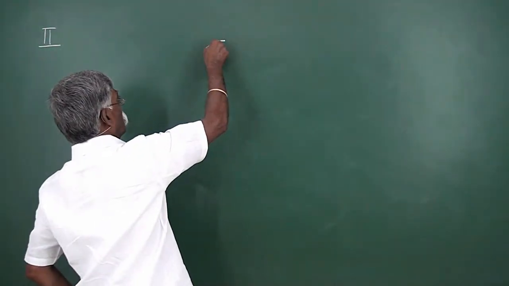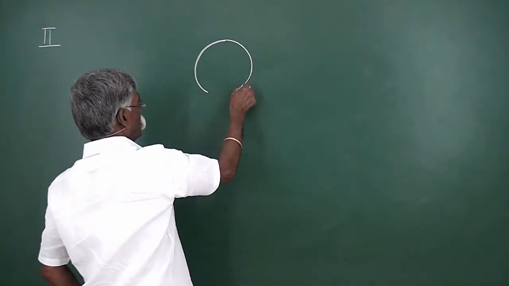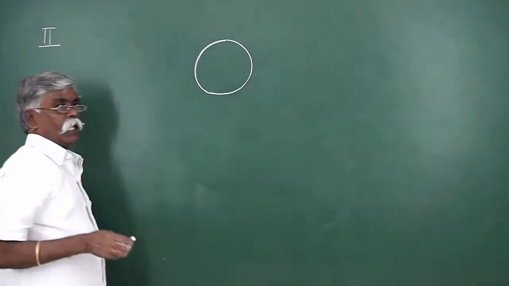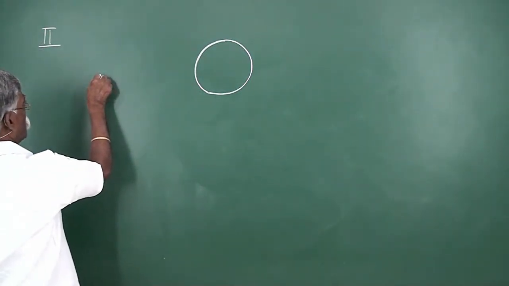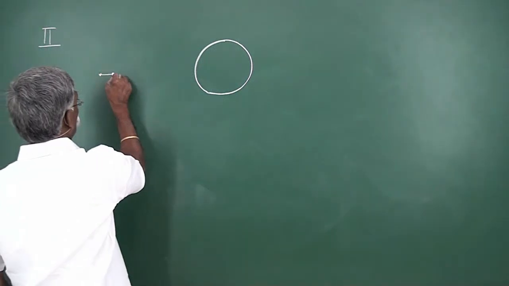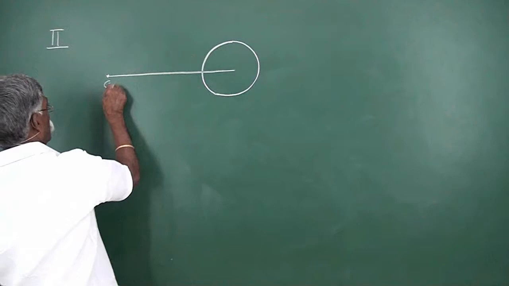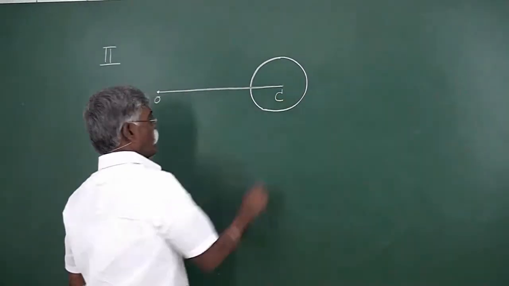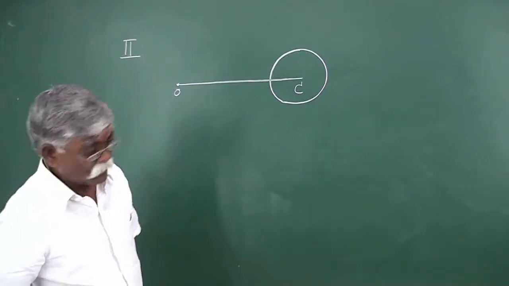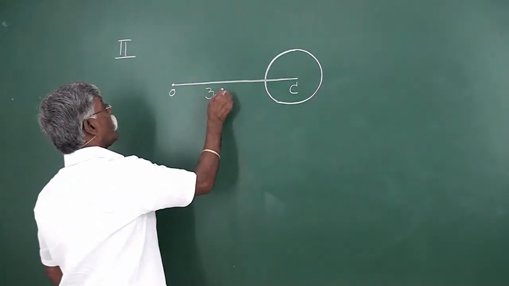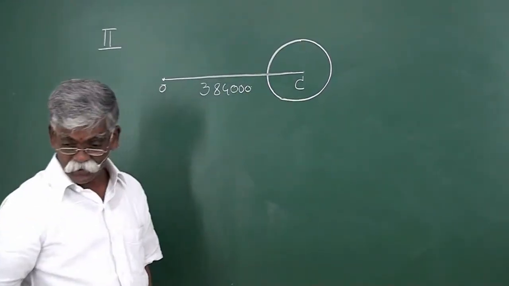Now, let this be the moon and the observer is here, and it is given that the center of the moon is at a distance of 384,000 kilometers.